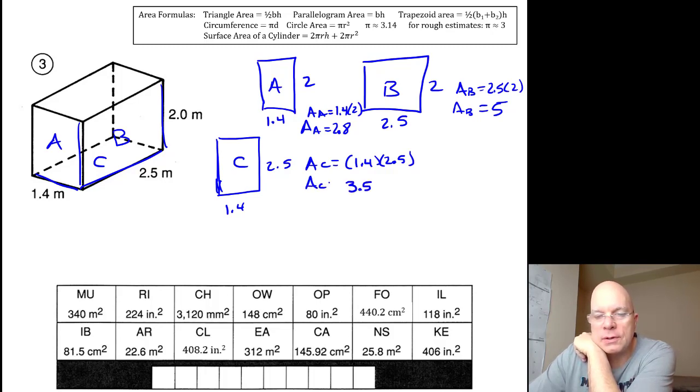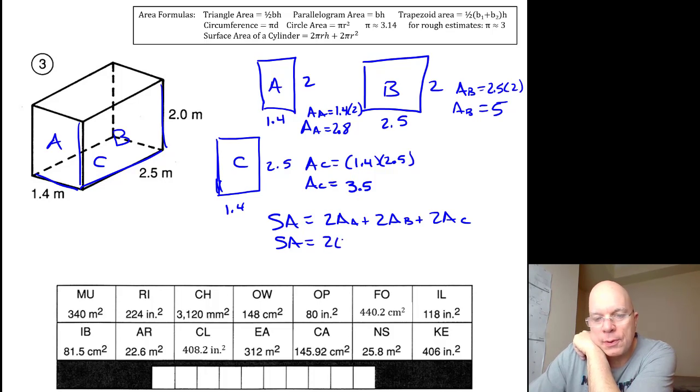Of course, once you wrote the formula, you could use a calculator, but I'm just trying to highlight some mental math things you can do also. The surface area is again 2 times area A plus 2 times area B plus 2 times area C, because we've got another rectangular prism.